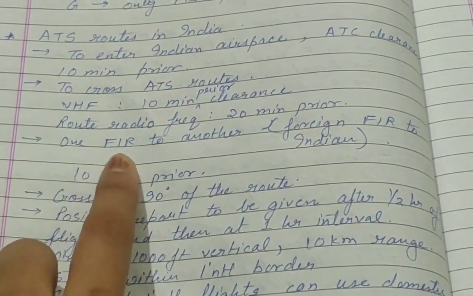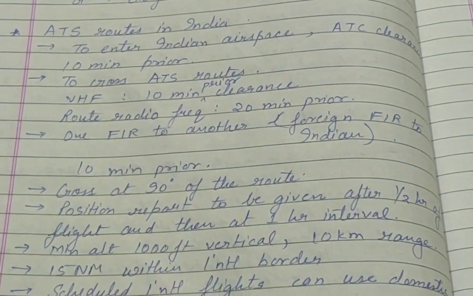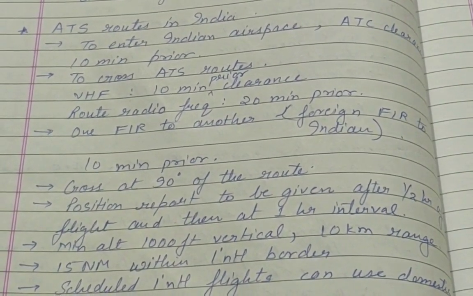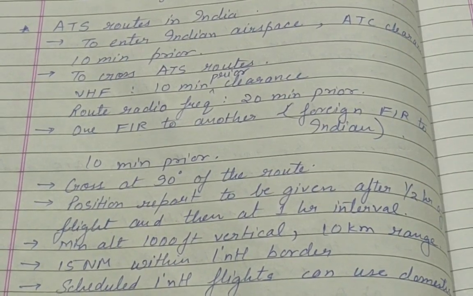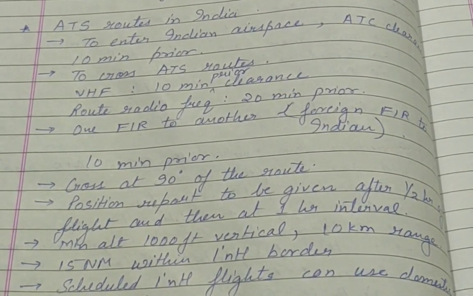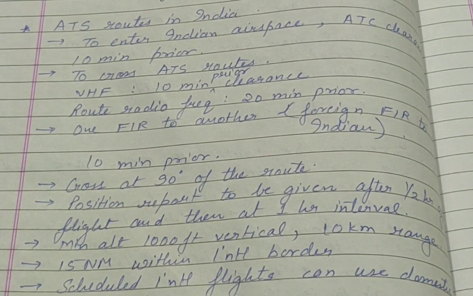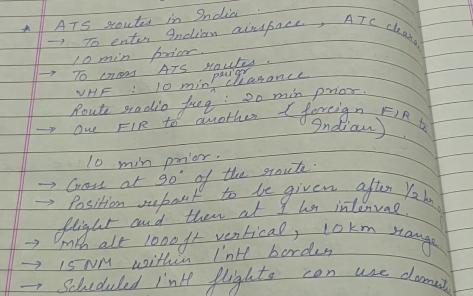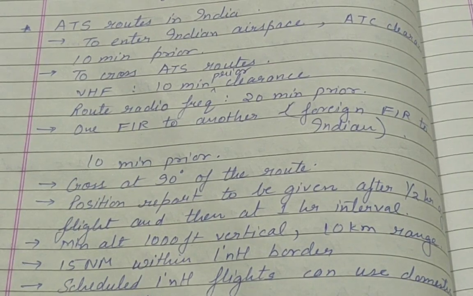Then if you want to move from one FIR to another FIR, this one is only for the foreign FIRs. If you have to move from a foreign FIR to the Indian FIR, then also 10-minute prior ATC clearance is required. And if you wish to cross the route, you have to do it at an angle of 90 degrees or very close to it.